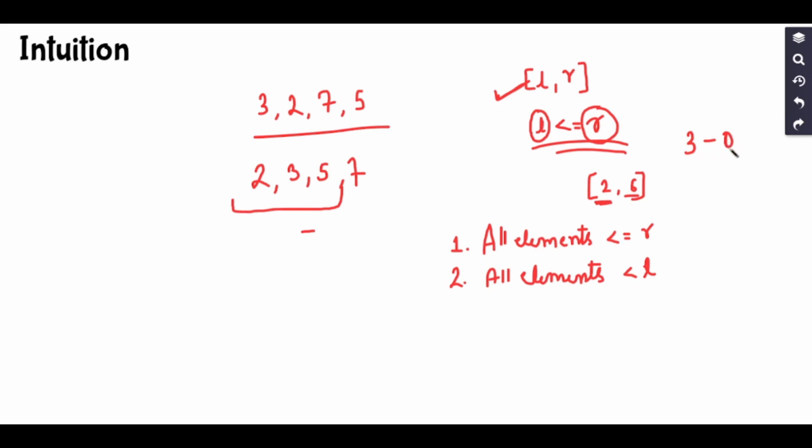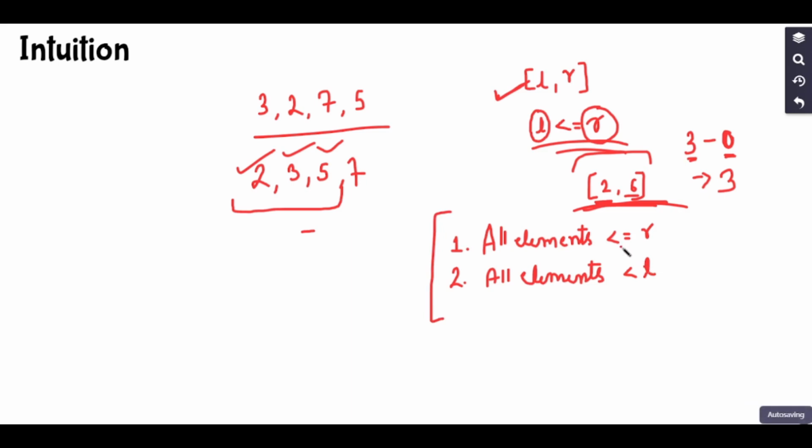If I subtract this 0 from the 3, that would give me 3. And this represents exactly the number of elements which lie in this range. We can see we have 3 elements, 2, 3 and 5, which lie in this range. I found it using these two observations. If I can somehow find all the elements which are less than or equal to R and all the elements which are less than L, I would find the elements which lie in this range.